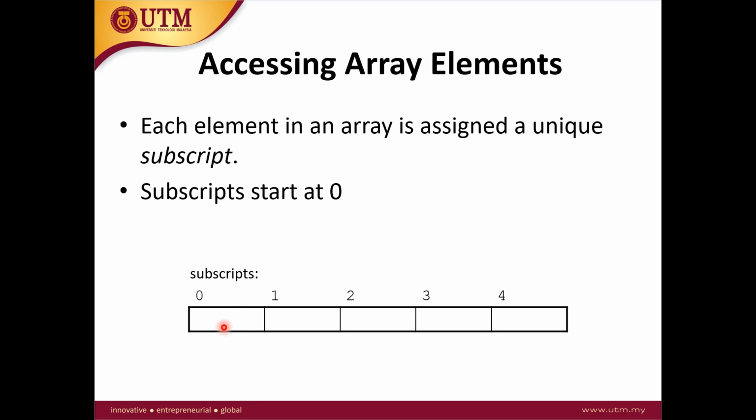The first element is called subscript 0, or the 0 index, or the element in index 0. Index 1, index 2, index 3, index 4. So we've got 5 elements, 5 different data, but the recognition of them is called an index or subscript. From now on I'm going to use index.